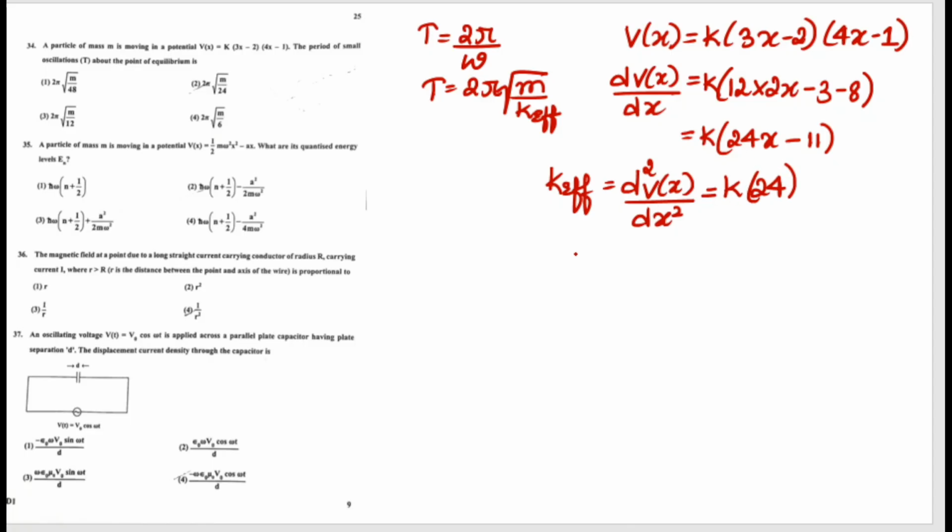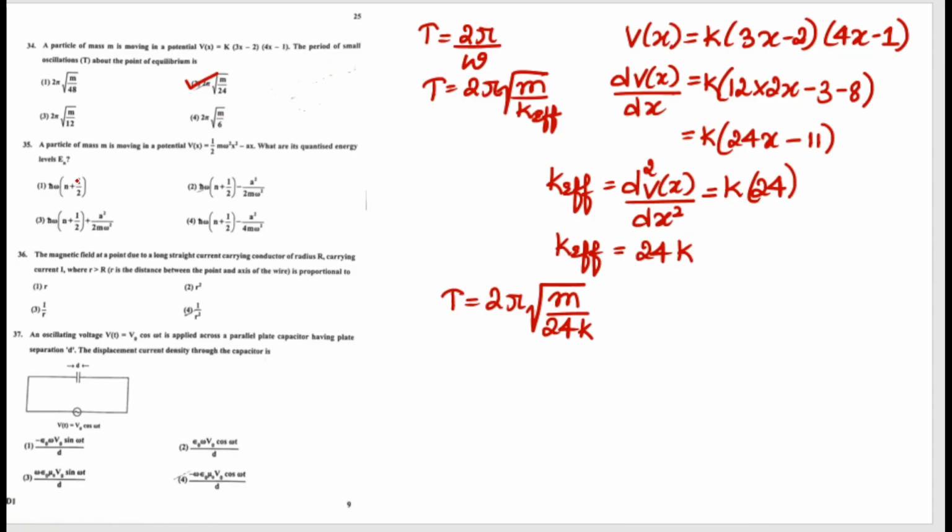We got the k effective value equal to 24k. Substituting in the time period formula, I get T equal to 2π times the square root of m divided by 24k, which is the right answer. So I can tick option 2 as the right answer. I hope the question is clear.